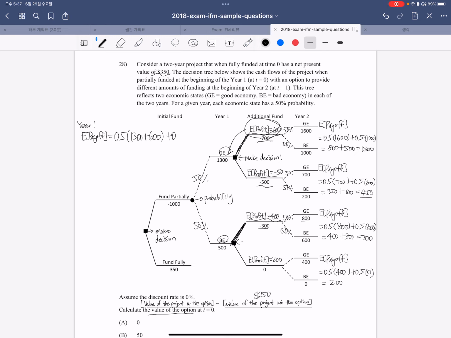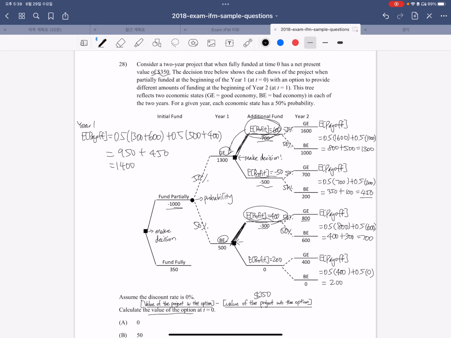And if we're in a bad economy, going down the node, the payoff would be 500 plus 400. Calculating this, we get 1900 divided by 2, which is 950, plus 450, which is 1400.